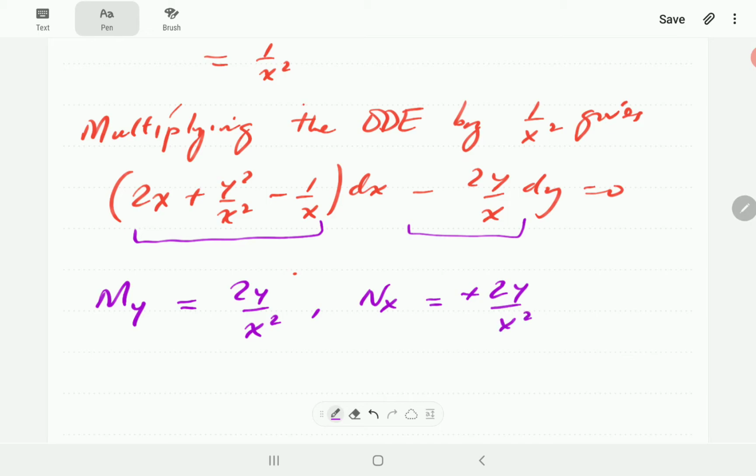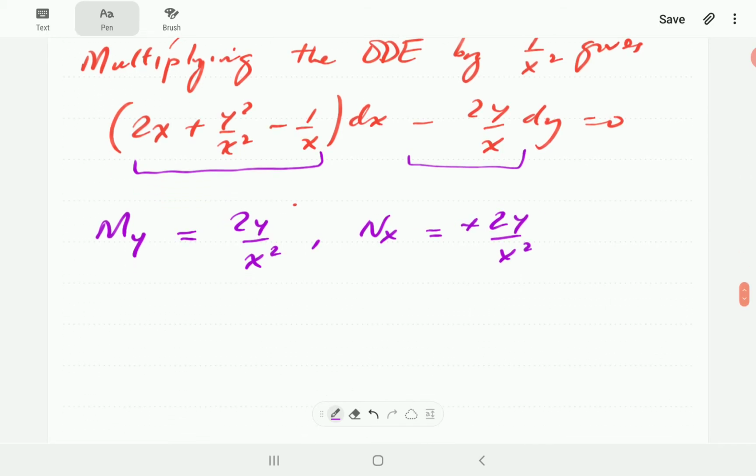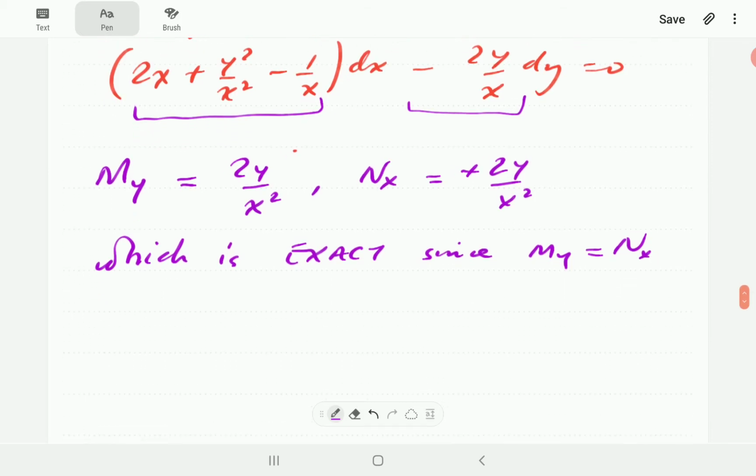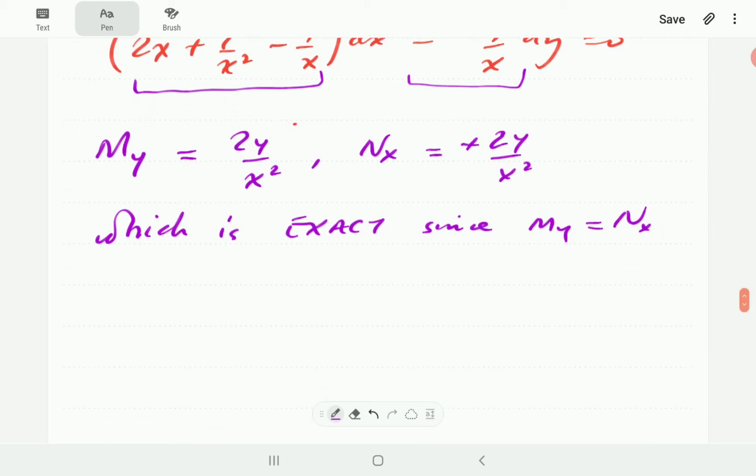And indeed, My is now equal to Nx, which is exact since My is equal to Nx. And so once it's exact, then we can use the methods that we have seen.